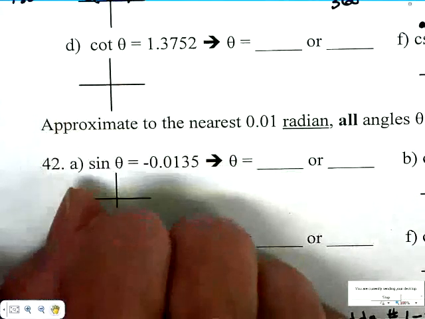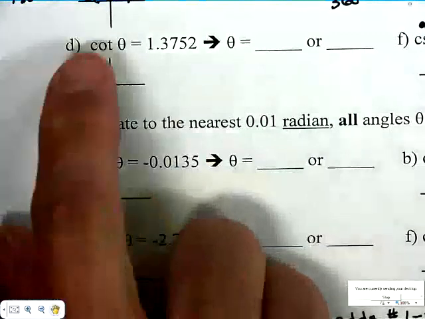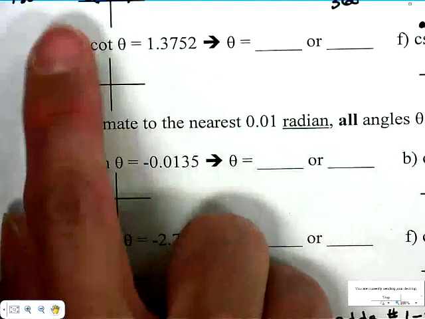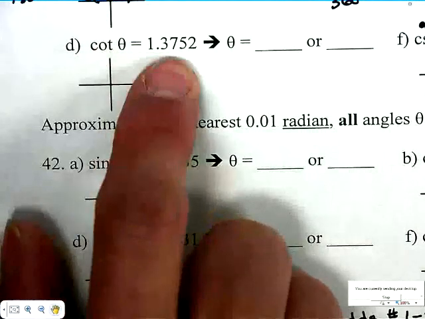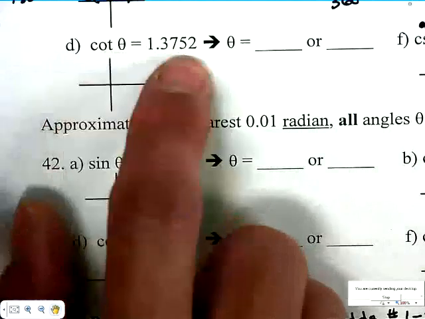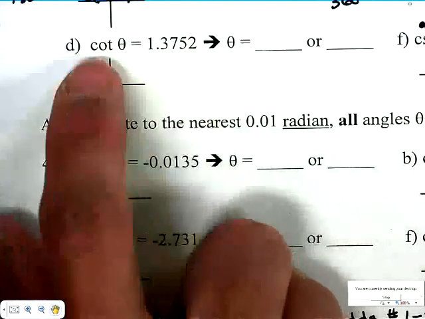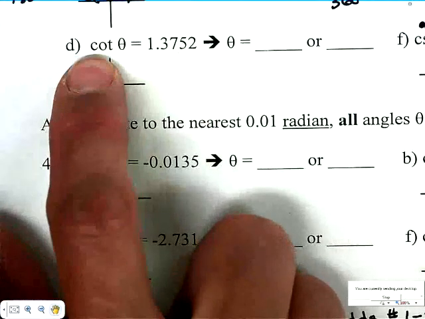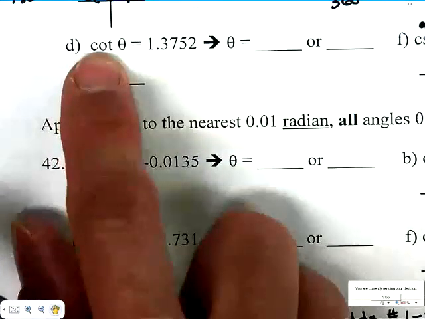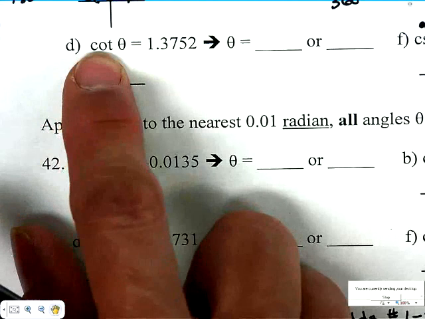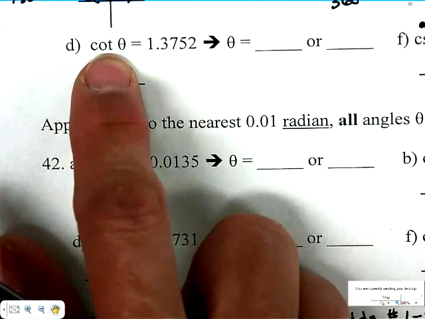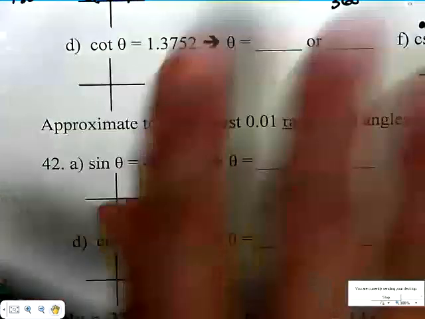So I'm going to have to use inverse tangent here, but not 1 over inverse tangent. I'm going to have to think, if cotangent is this, then what is tangent? Well, think about this cosecant problem up here.